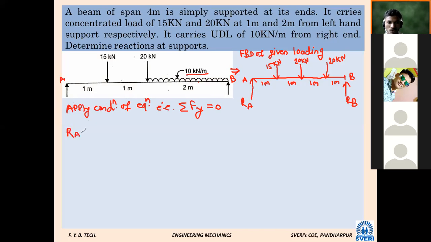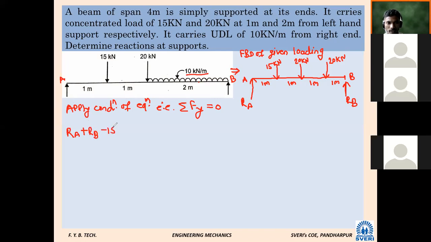RA positive, RB also positive. Now directly I write minus 15, minus 20, minus 20 equal to 0. So the first equation: RA plus RB equals 55. Equation number 1.